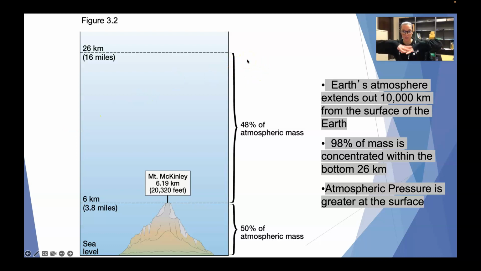So the whole atmosphere is really huge, but most of its mass and most of its bulk is down here near the surface. And the atmospheric pressure is greater at the surface. So pressure decreases nearly exponentially as you go up into the atmosphere.